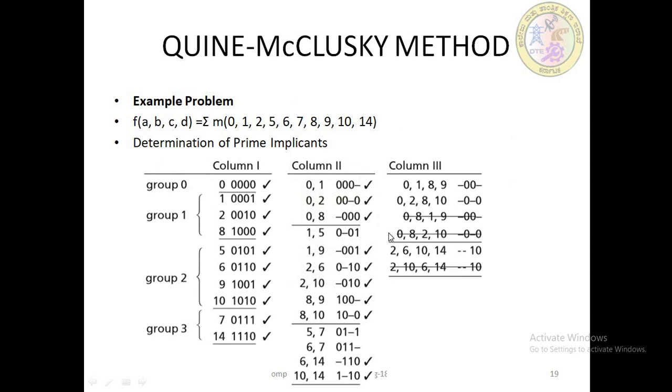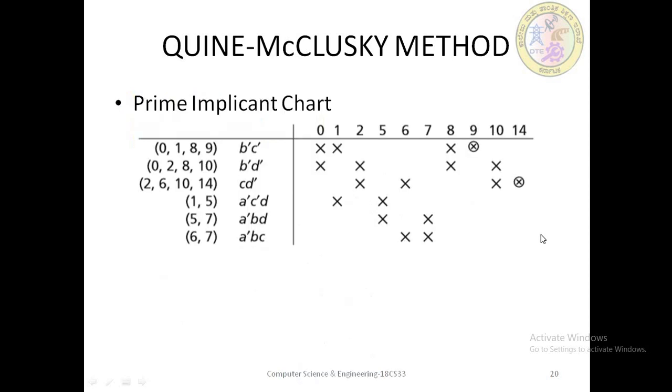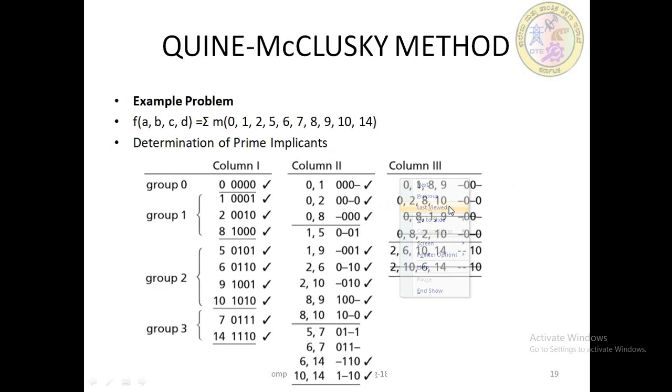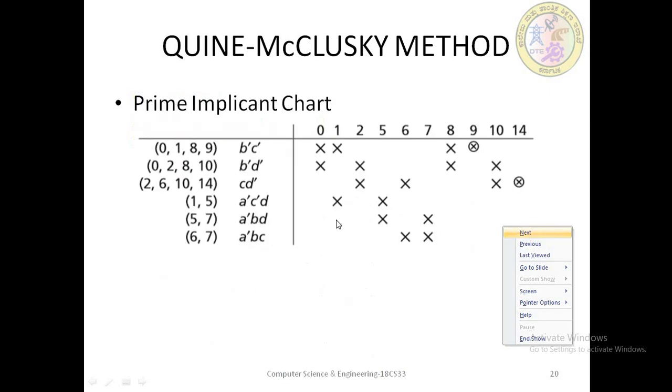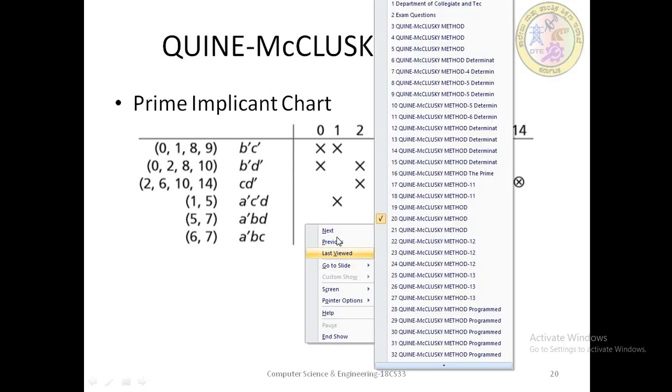Last one, 0 2 10 2 6 10 14. Oh, here we are. Sorry, just in between I thought even this is also dashed. We are left with 3 basic prime implicants, and the remaining we have left with 1 5, 1 5 7 and 6 7.